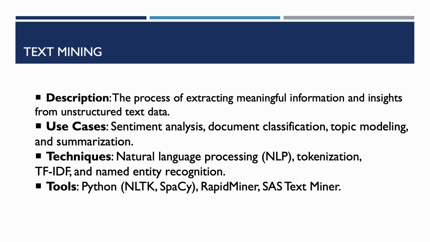This can be used in news aggregation, filtering spam emails, or classifying customer feedback. Then we have topic modeling and summarization. It identifies key themes in large text documents and generates concise summaries.